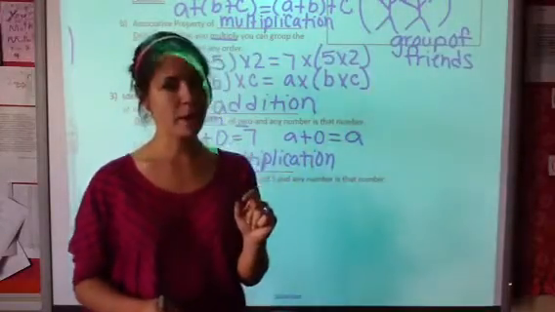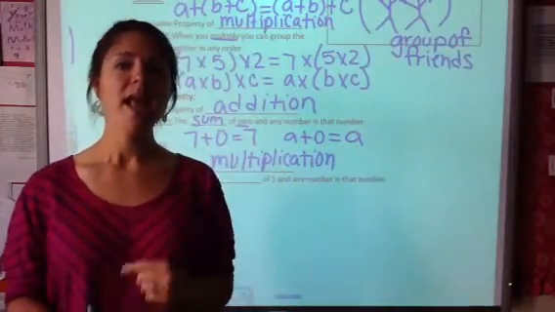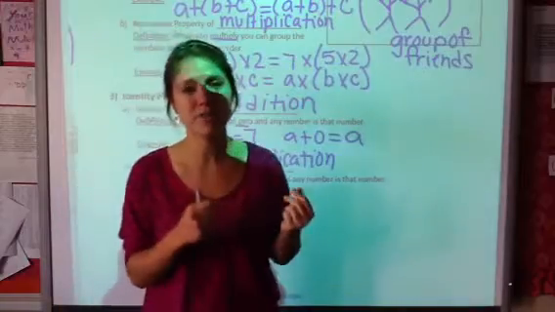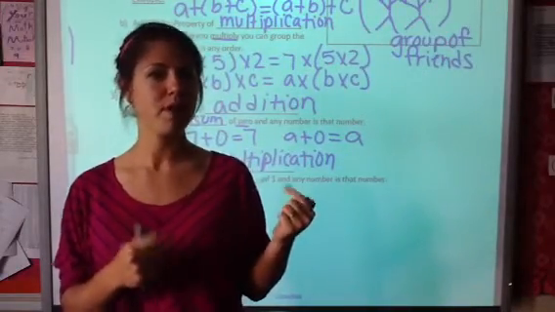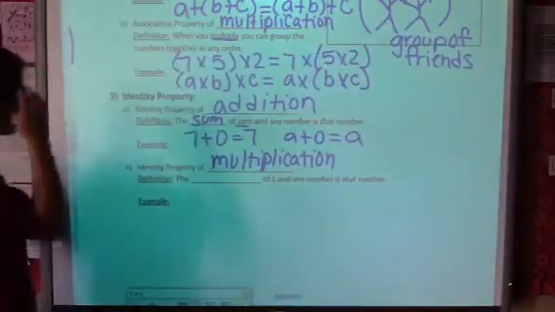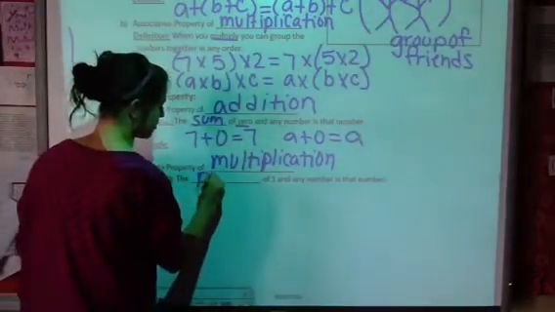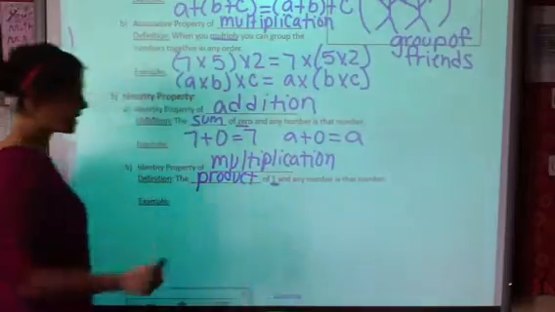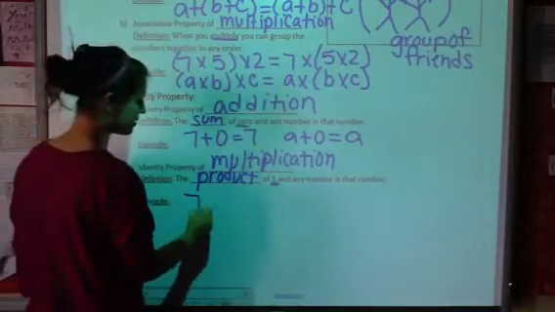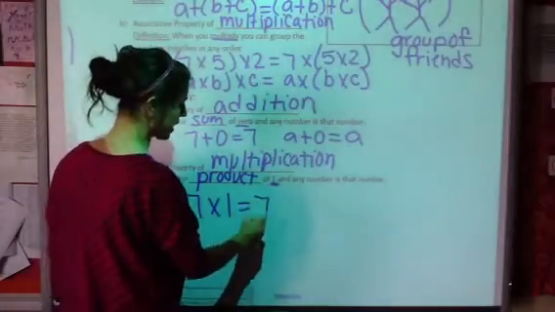So for the identity property of multiplication, how can a number stay the same when you're multiplying? What do you have to multiply by? Think about that. Hopefully you found the answer. The product of 1 and any number is that number. So 7 times 1 equals 7.